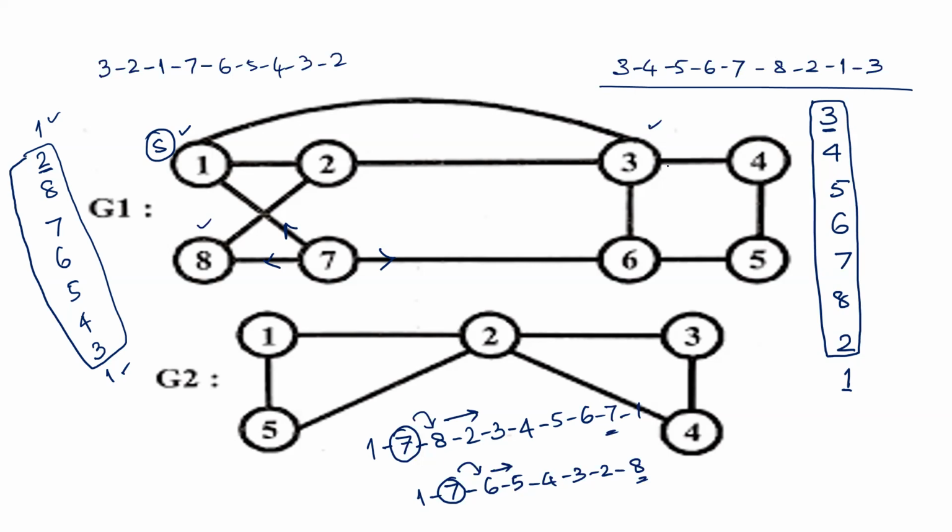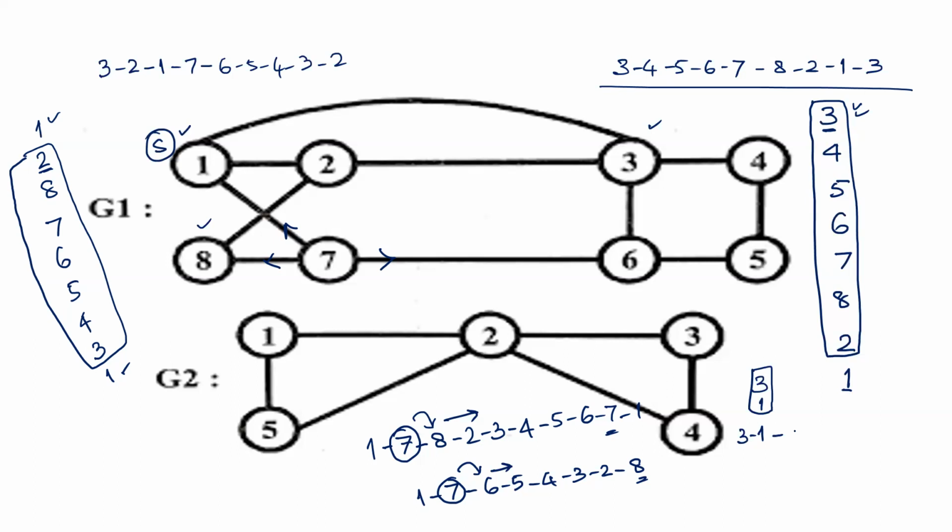Let us try for another version of vertex 3. That is vertex 3 to 1. If you look at this idea, we have already created 1 to 3, and now we are trying 3 to 1. So there must be a cycle if you try from 3 to 1.